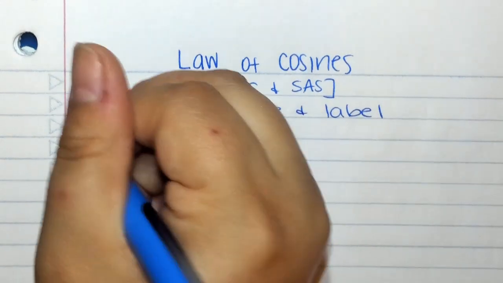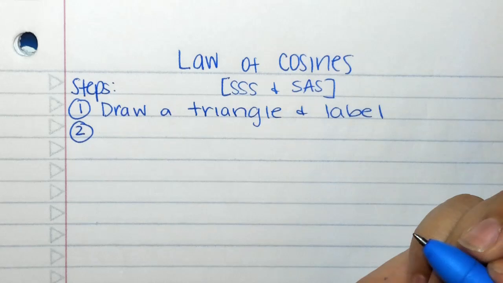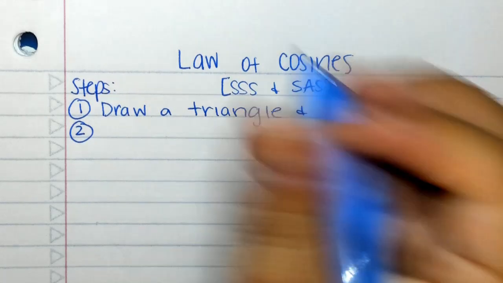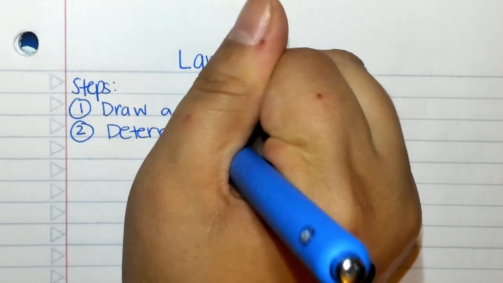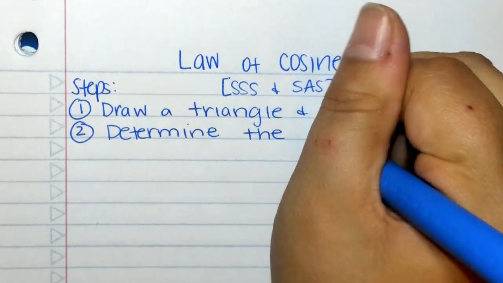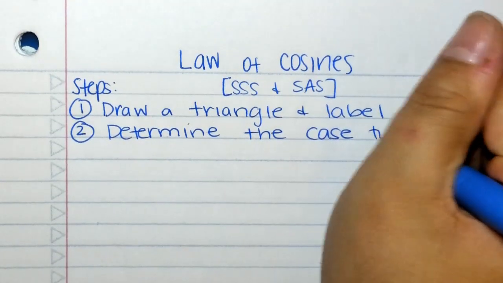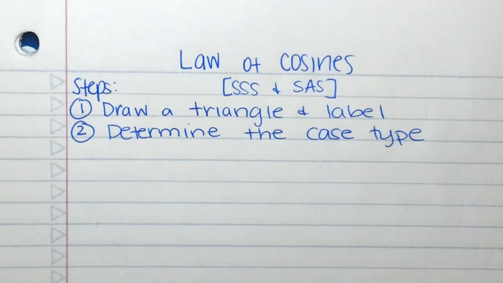Okay? Step 2. Determine the case type. So we're going to draw the triangle and label and determine the case type no matter what on every single problem.